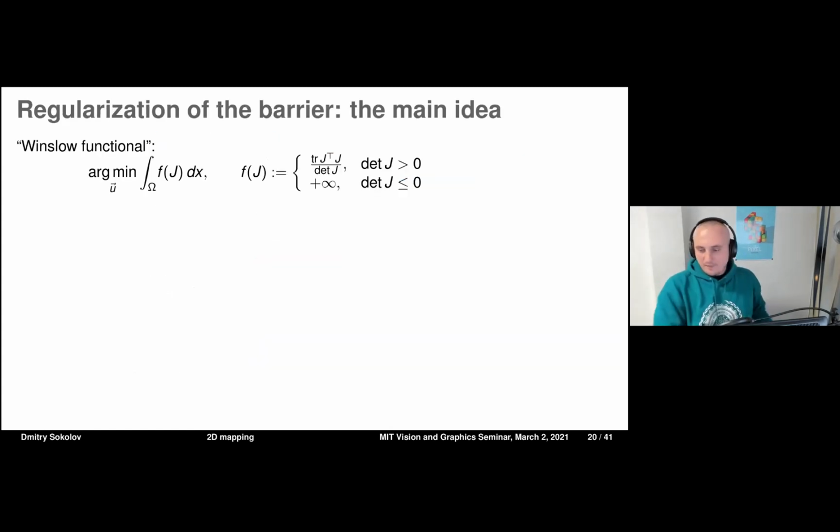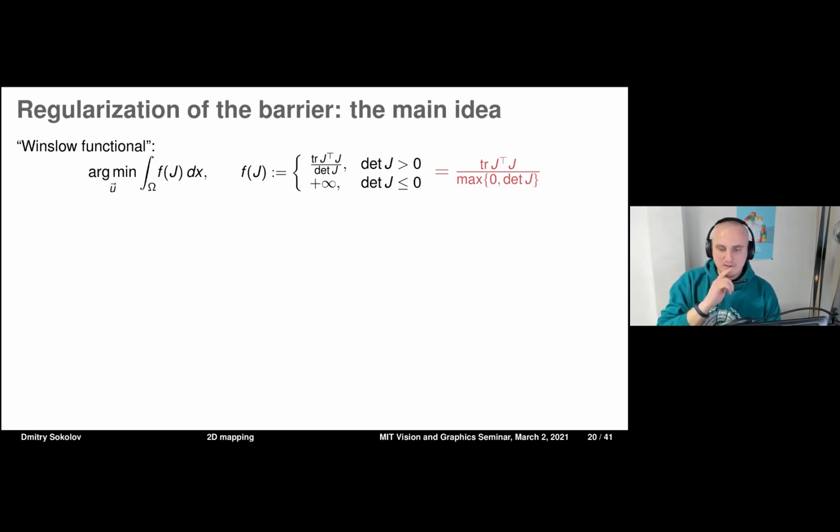The main idea is pretty simple. We have a so-called Winslow functional, even if Winslow himself has never published a paper with a variational formulation. We can rewrite, as a slight abuse of notation, the function f of g as follows.